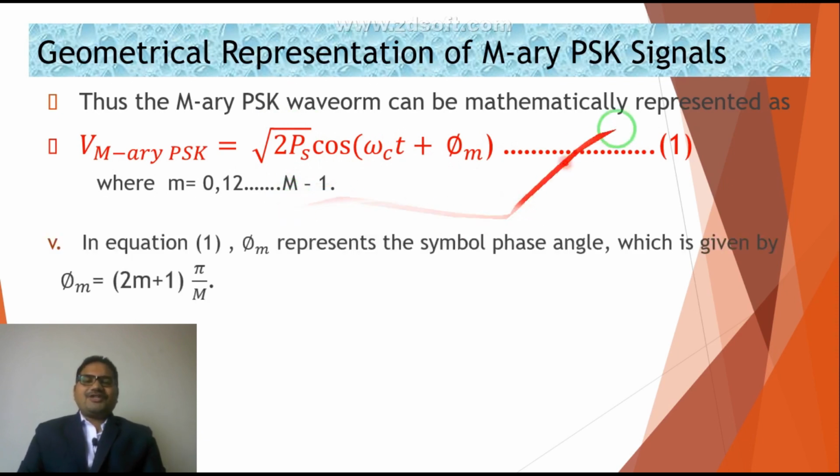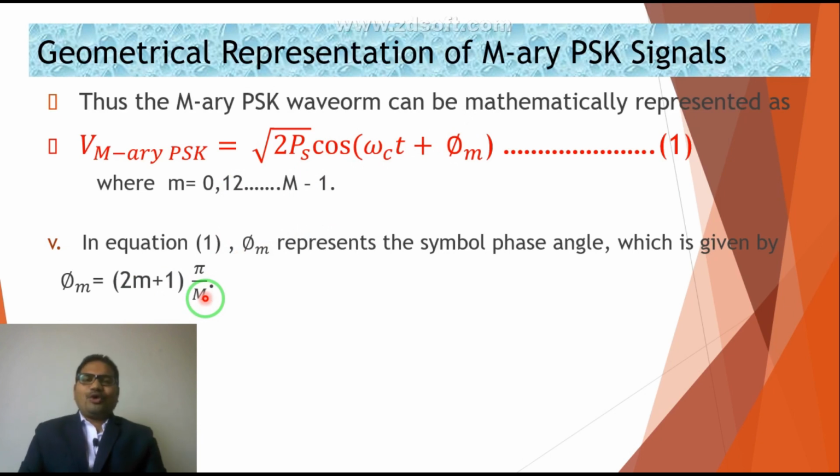In equation 1, this phi m represents the symbol phase angle, which is given by (2m plus 1) pi by M. If you remember, in the QPSK system we wrote (2m plus 1) pi by 4. Why 4? Because there were 4 possible symbols there.